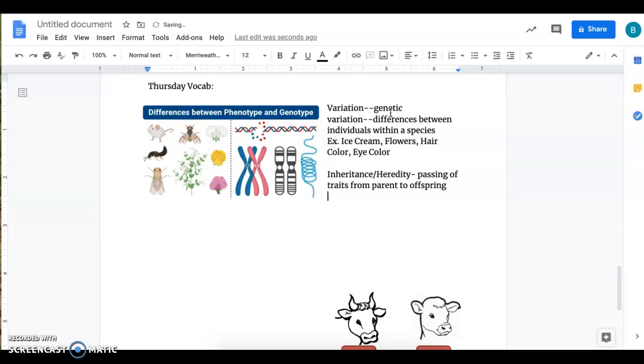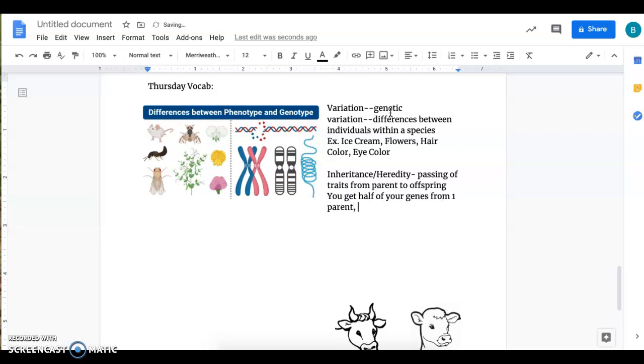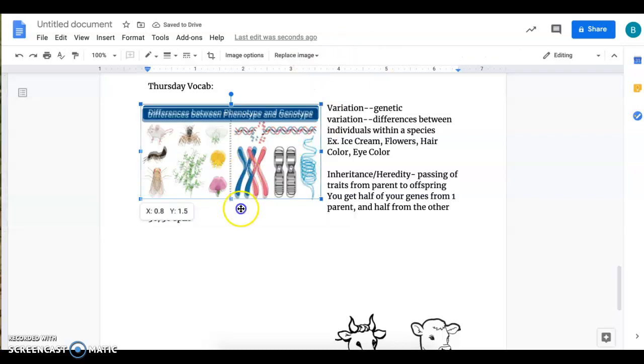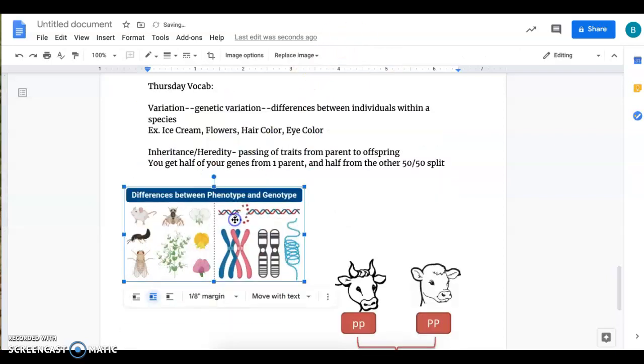So you get half of your genes from one parent and half from the other. Okay, so it's kind of this 50-50 split. So that is variation and inheritance or heredity.